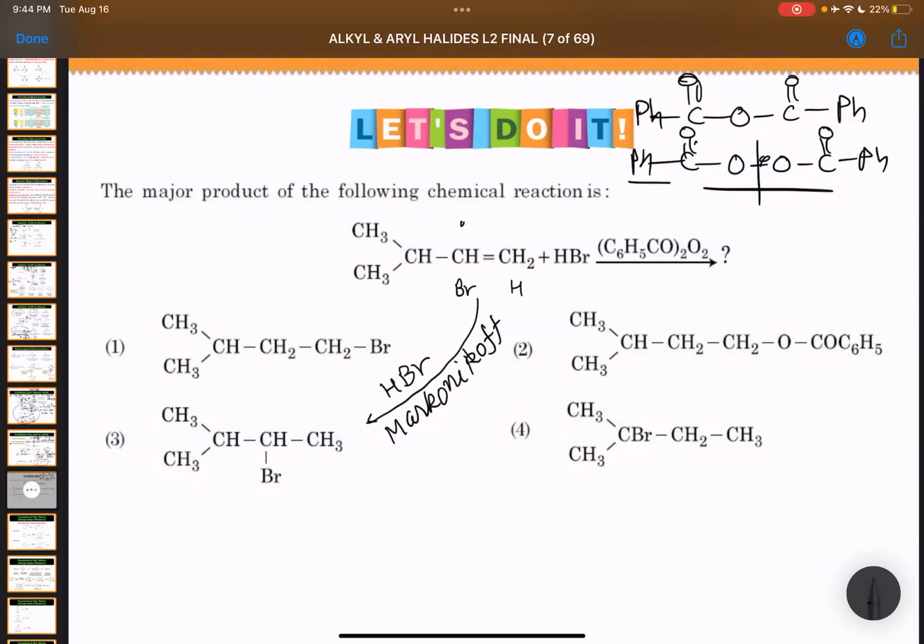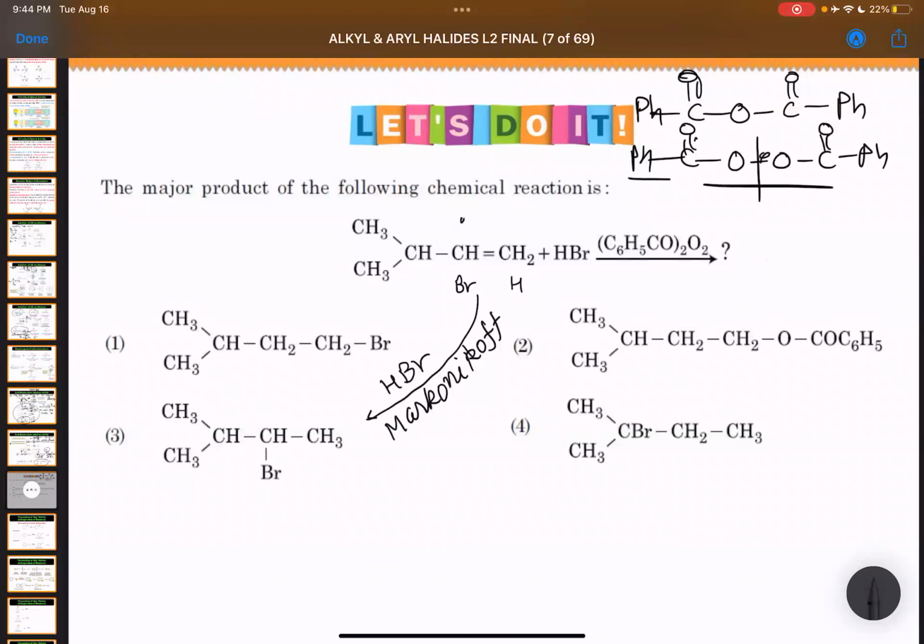So first you need to think of the addition of Br radical, then attach H. Br radical will join itself outside such that the carbon radical is formed inside, and then at the inside you will attach H. Okay, Br and H. So this is going to be the answer, right? A.